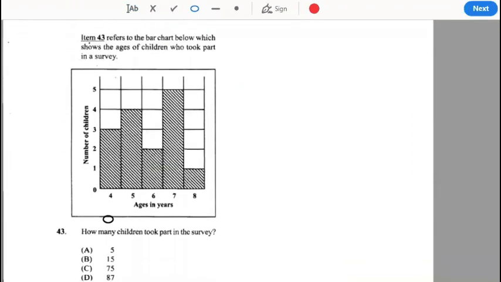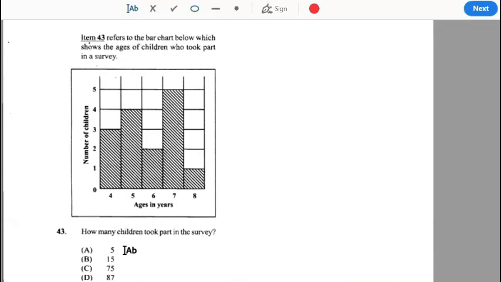How many children took part in the survey? For marking this question, some students literally just counted the columns and said 1, 2, 3, 4, 5, but that is not it. This is the years that are participating within this survey, and this is the number of children that is attached to each column.